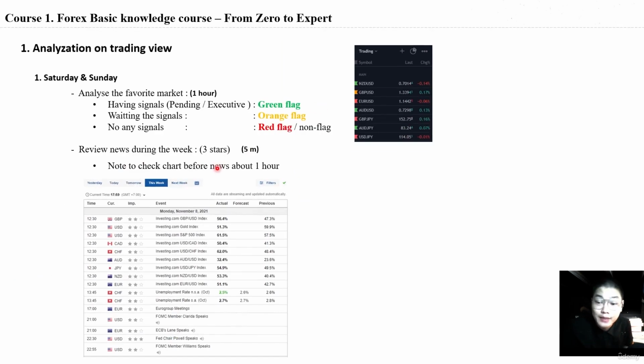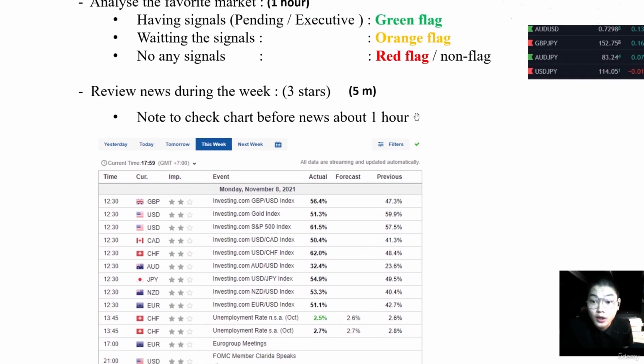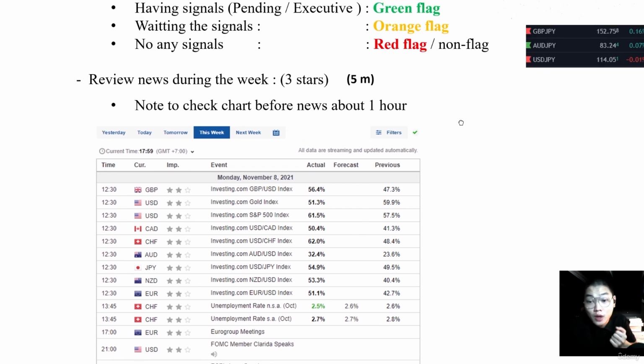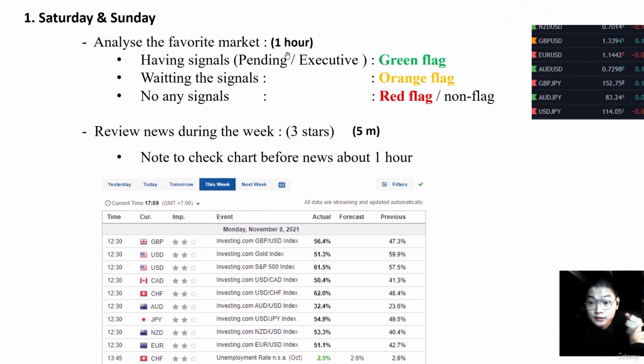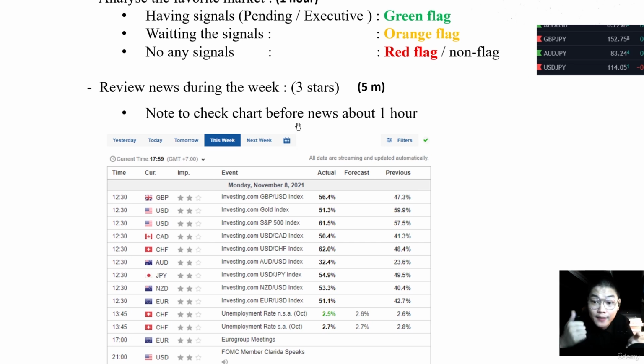And one more thing, after I do the technical analysis on TradingView, I will review some of the news on investing.com, like I already guided you in the last lessons. Normally I spend 1 hour analyzing the technical analysis for 7 pairs, and reviewing the news for the week might be just 5 minutes to know what time there is 3-star news in the markets.